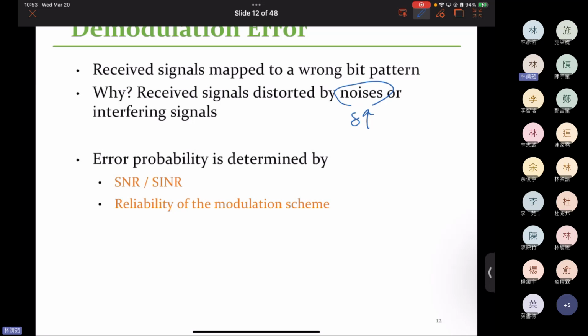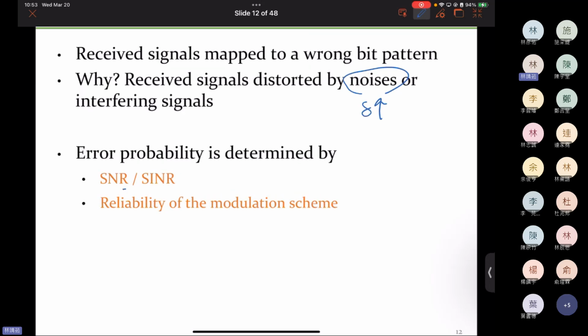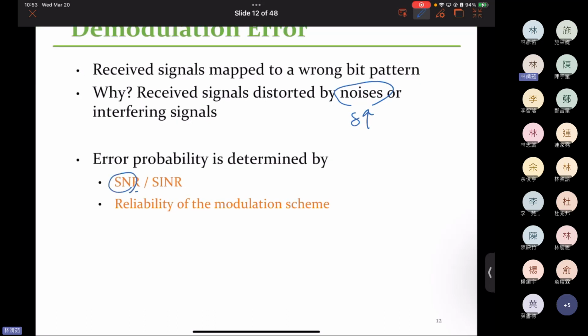So the probability of demodulation error depends on the SNR you have, or the SINR. Originally we say we have the signal power, or this is the receiving power, divided by the noise power, right? We hope that this signal power should be much larger than the noise power, such that we can have a good channel quality to recover our bit stream. So this is the SNR.